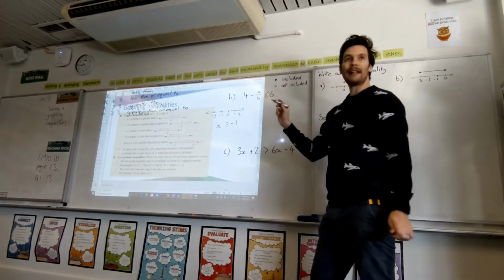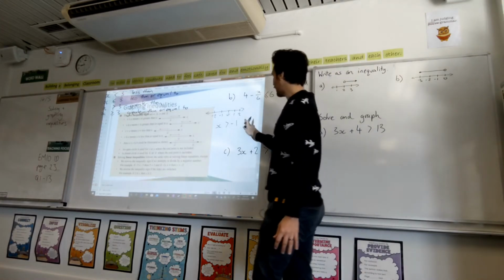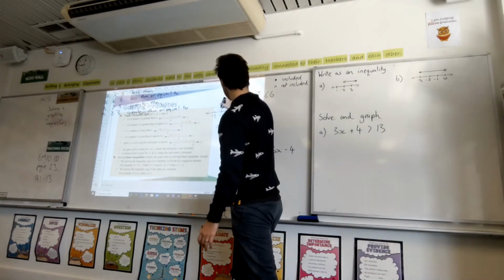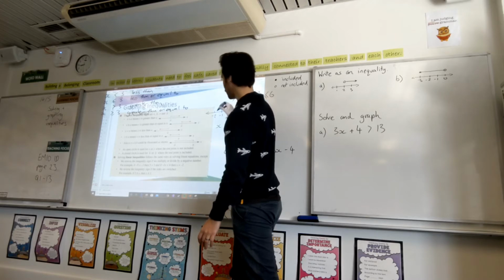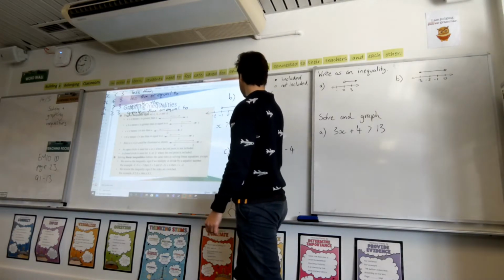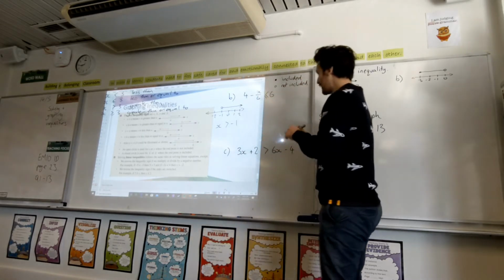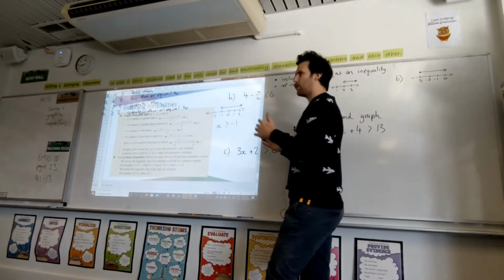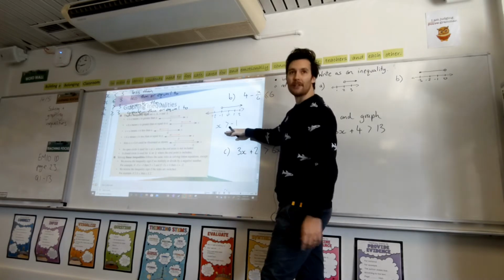The way that you would write that down on the actual graph is to start off at -1 here, draw a little circle that's not filled in, and draw an arrow going this way. So that's the graph version of what we've written here as our inequality.